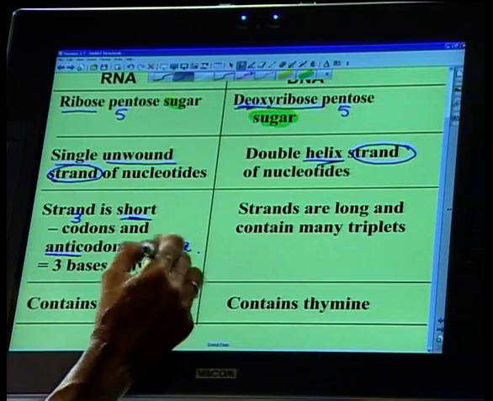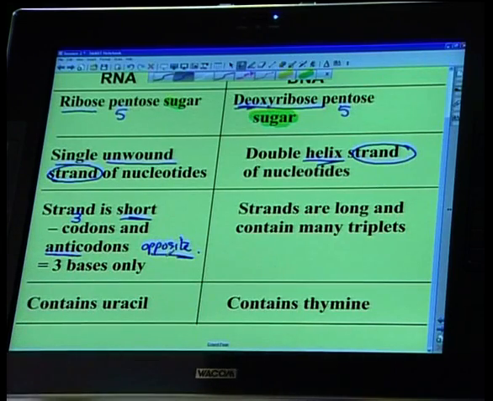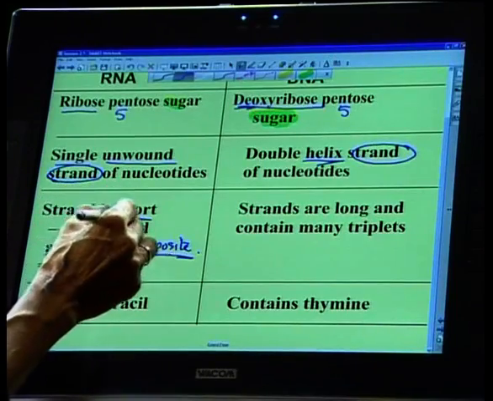All right, so therefore your anticodons will be exactly the same as the piece of DNA that was replicated. So we have the codons, which are the opposite to the DNA code for 3 nitrogenous bases, and the anticodon, which will be the same as the DNA. So the strand is short.